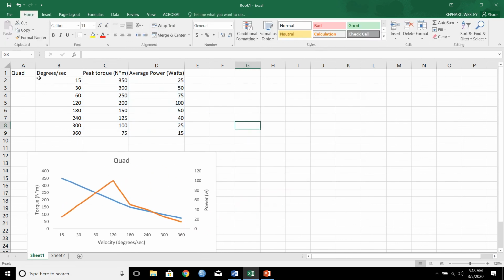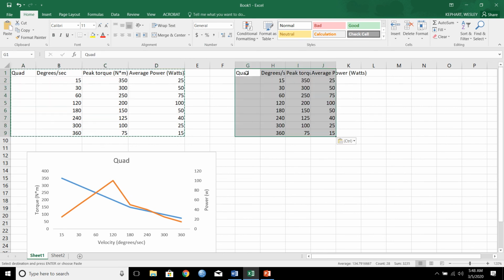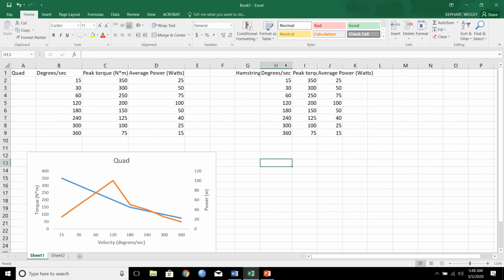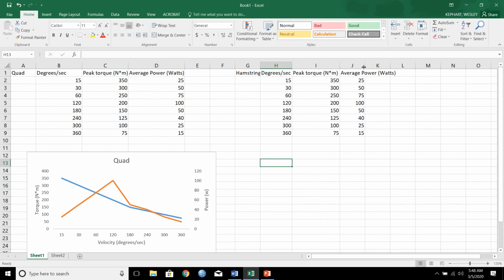Now, you will also just effectively make another one of these for the hamstring. So there's going to be two graphs overall that you're going to end up doing, and if you just double click on those, you can actually see the rest of the column.